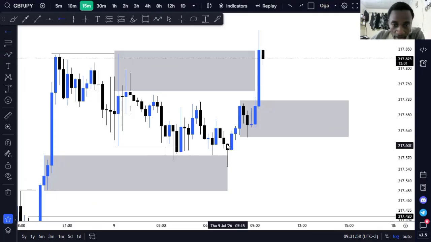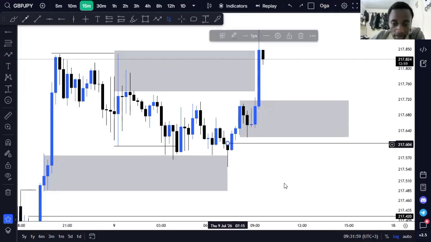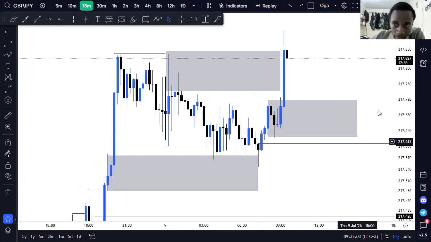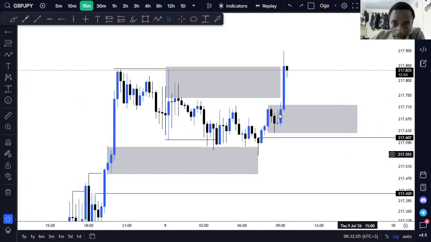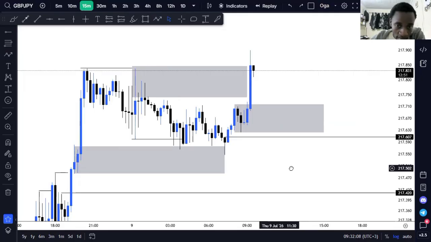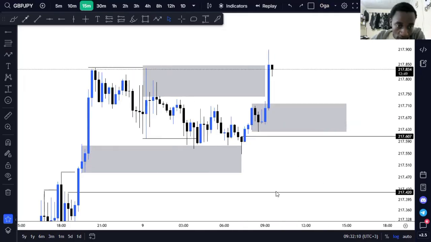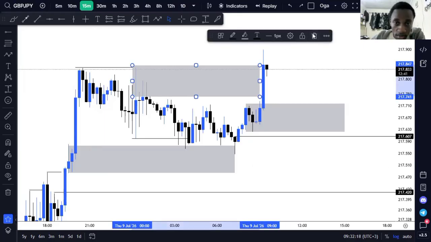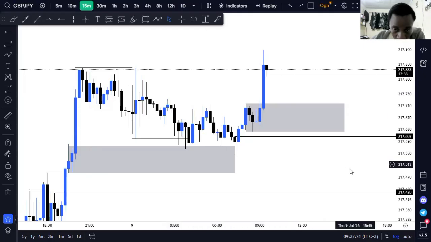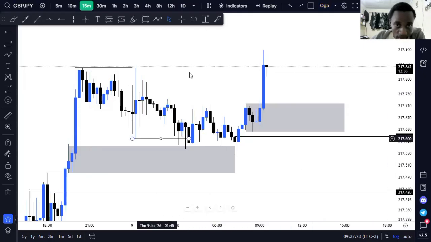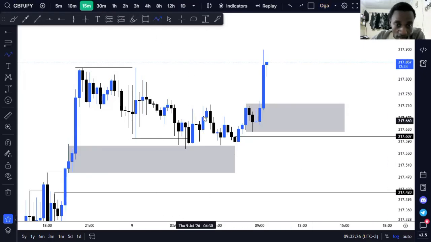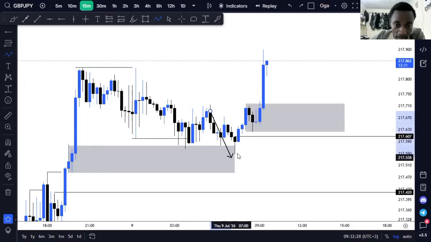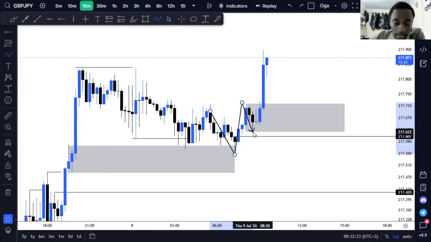Price can even push back and react to this area if it has enough liquidities. It doesn't have to hold at this area, depending on the liquidities inside it. So let's move this since the area has been violated. But you can clearly see we had a reaction inside here, and then it pushed higher and then pulled back.